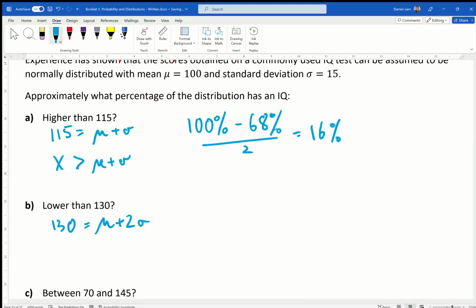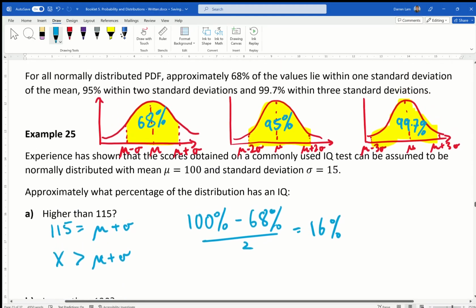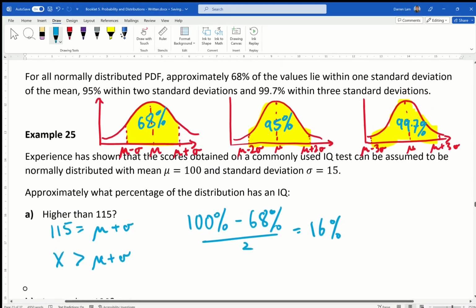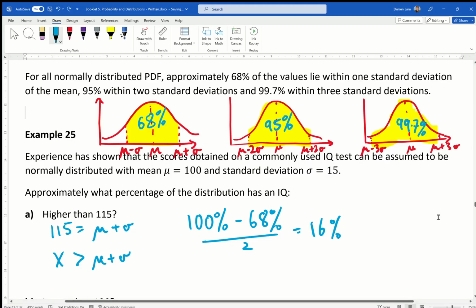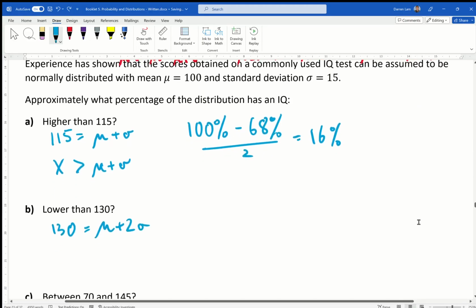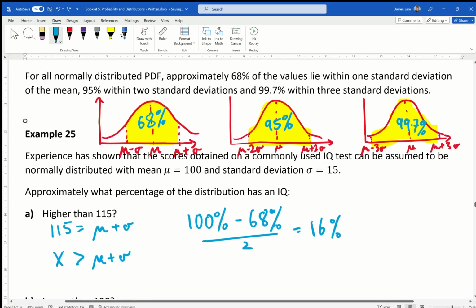So on my graph, I'll refer to the second one this time because it's 2 sigma. We're looking for lower than 130, so that's this section here, all of this. So how do I do that? Well, again, you can apply many different ways. The way I'm going to do it is I'm going to say, well, I've got 95%, and I also want to find that section on the left there as well.